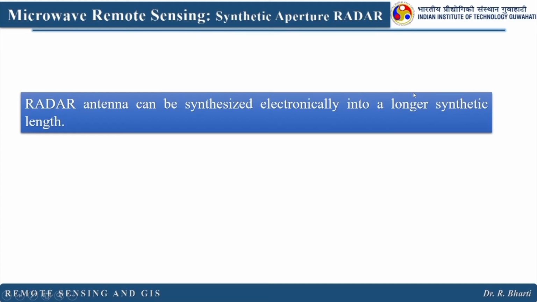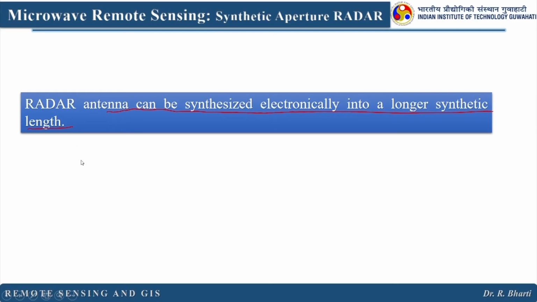We have already discussed synthetic aperture radar in the previous slide, where we had RAR and synthetic aperture radar. So let us see what exactly we can do in synthetic aperture radar. The radar antenna can be synthesized electronically into a longer synthetic length. This is the advantage when we go for SAR.